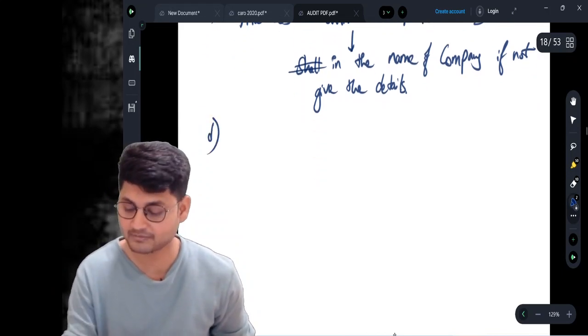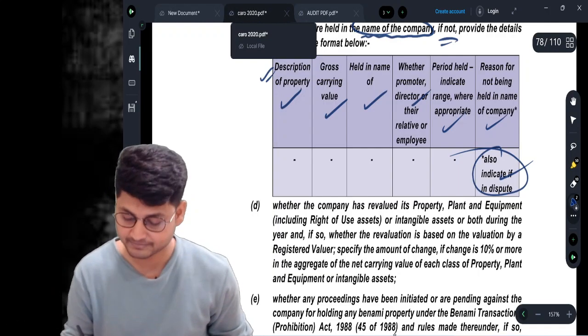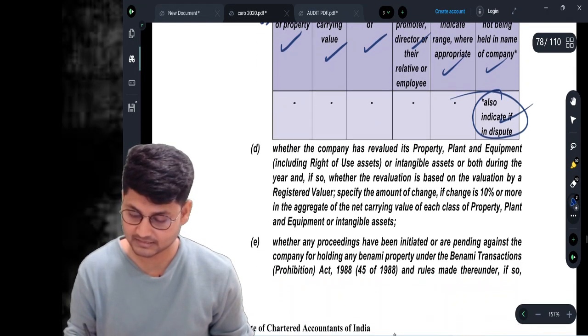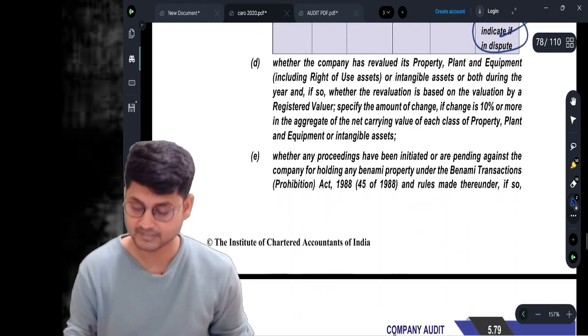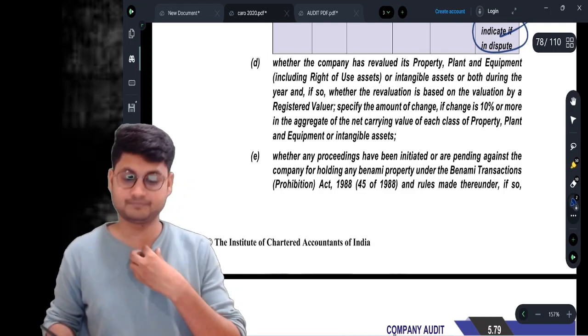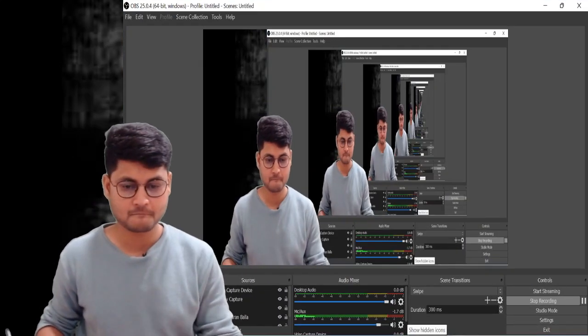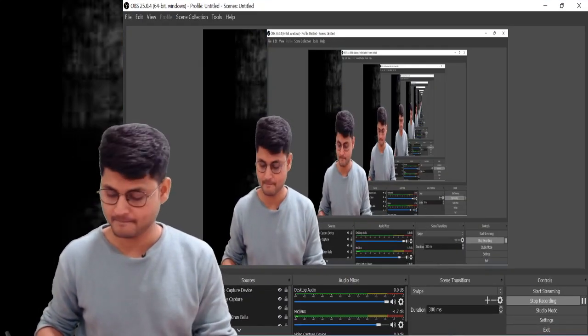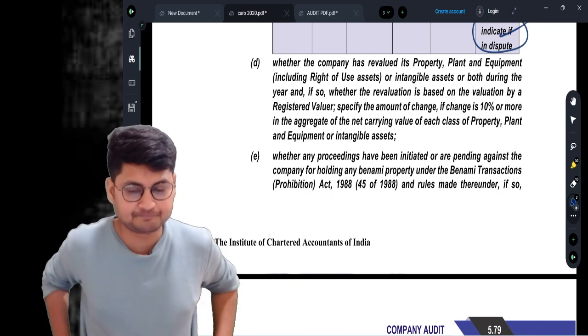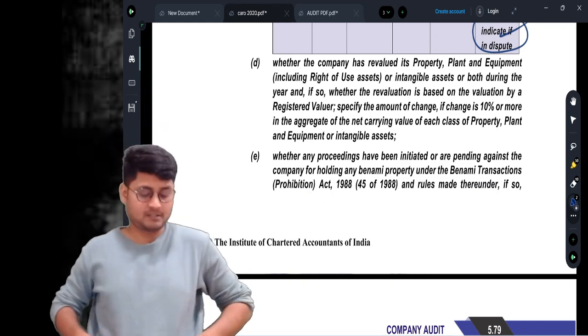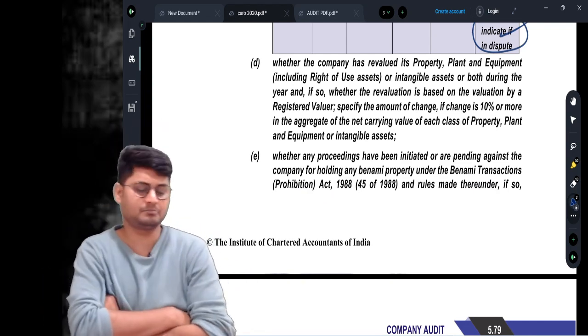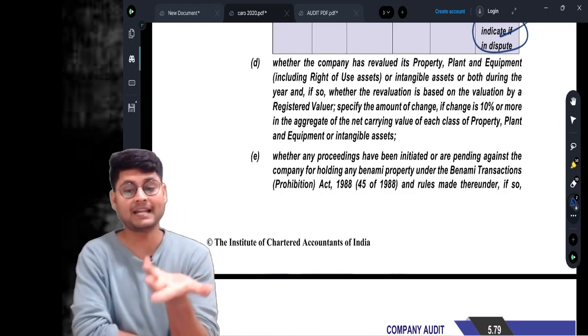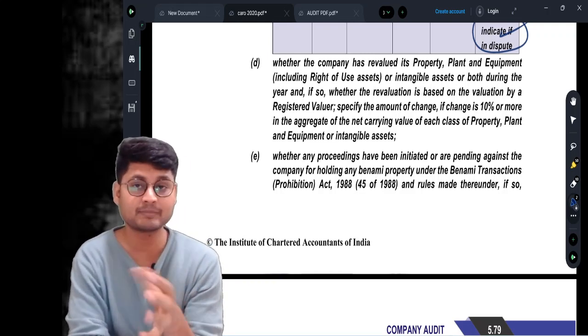Come to subclause number D. What is subclause number D? See, these are the things we need to remember. Subclause number D: whether the company, every year, there may be a case where plant, property, equipment or intangible assets may be revalued.